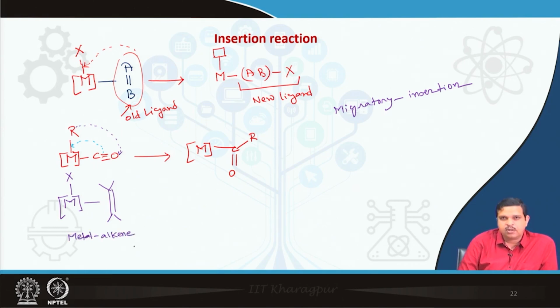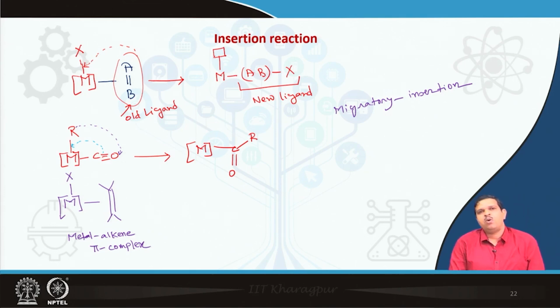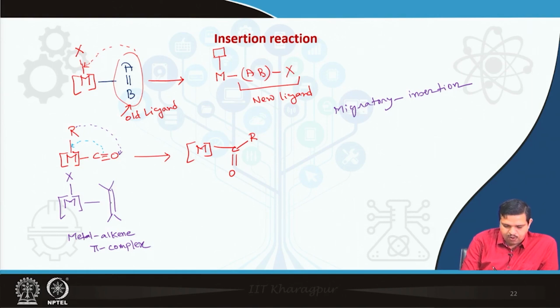Please try to understand this reaction, because this will be needed in our polymerization catalysis to understand the polymerization mechanism. Metal alkene, or we call it the pi complex, because the pi electron clouds are basically donated to the metal orbitals. So, how does it donate?